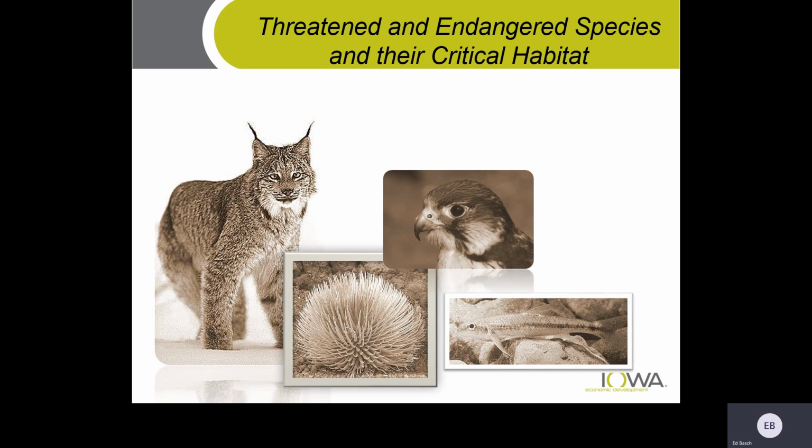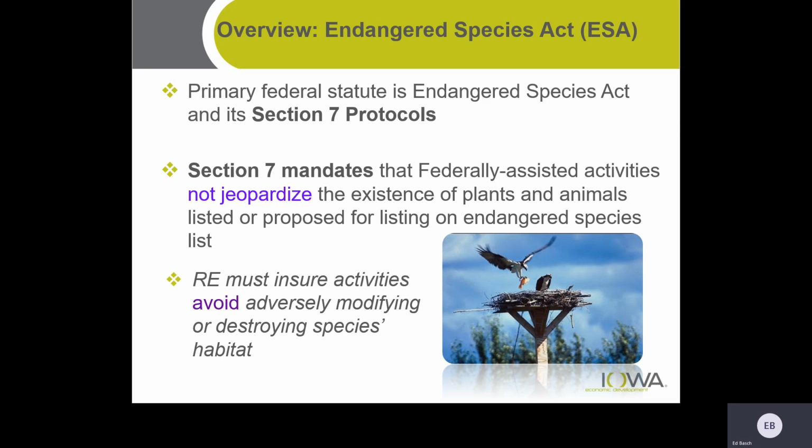Okay, threatened and endangered species and their habitats. The Endangered Species Act and Section 7 protocols govern this. It mandates that federally assisted activities not jeopardize the existence of plants and animals listed or proposed for listing on an endangered species list.